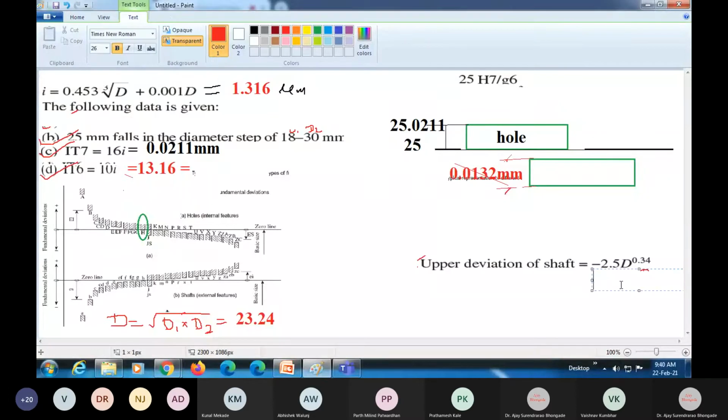Okay, just work out minus 2.5 d to the power 0.34. What is this value? The value of d... minus 7.3.